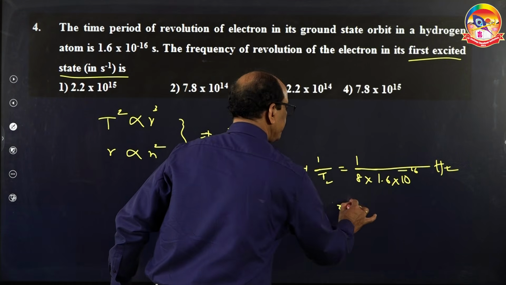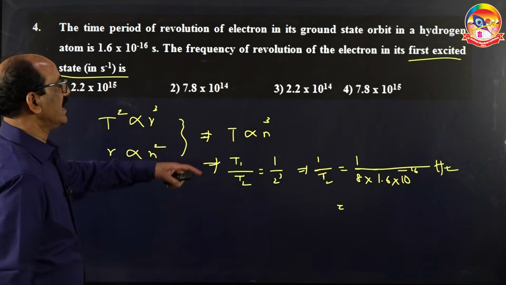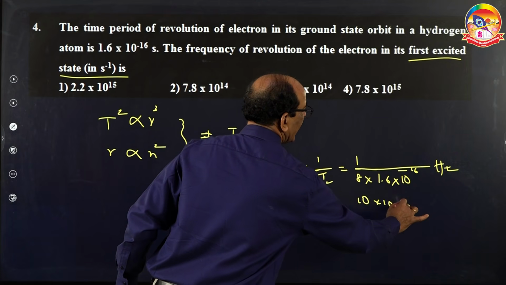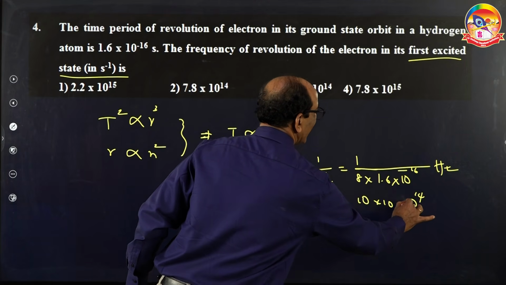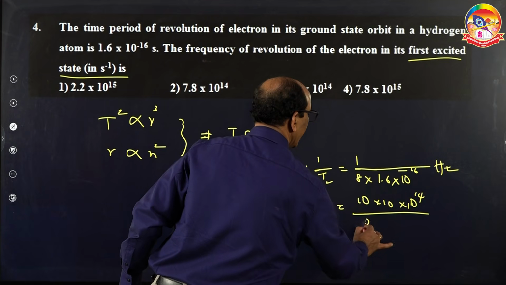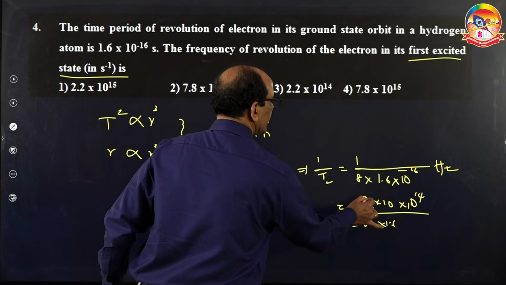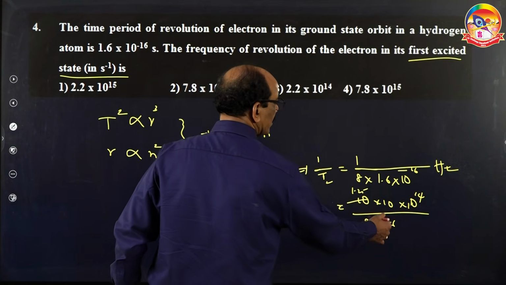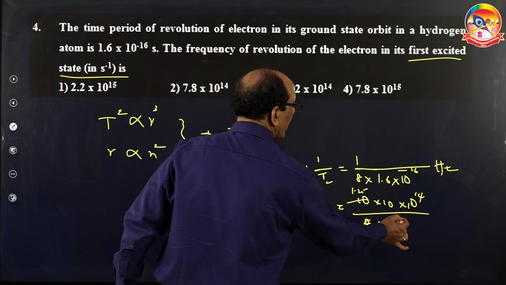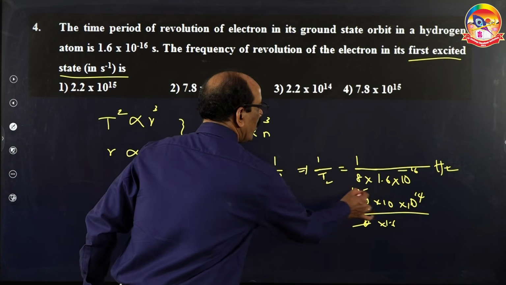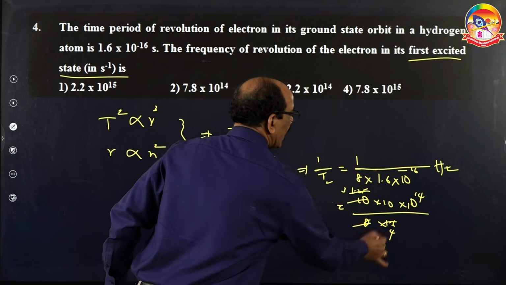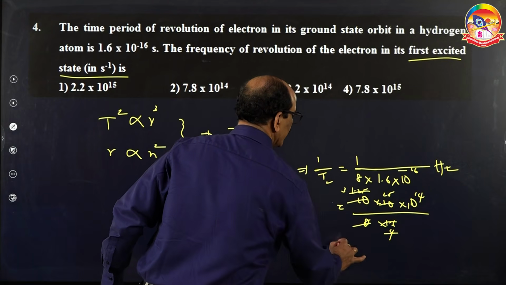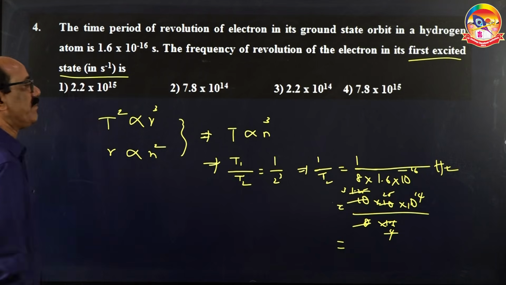The way you can simplify this is 8 into 1.6, it is 1.25 times 10 power 15, so approximately this is 7.5 times 10 power 14.